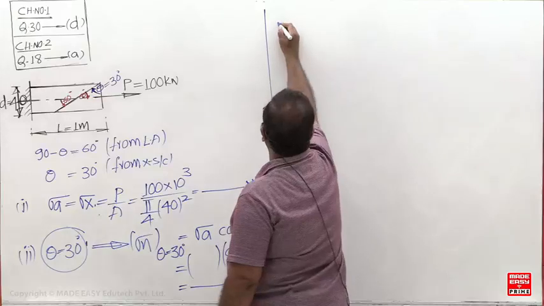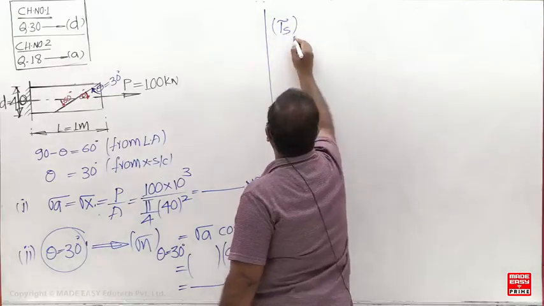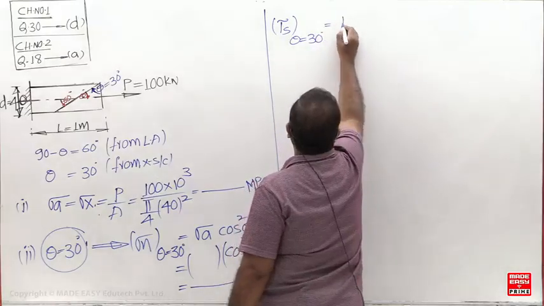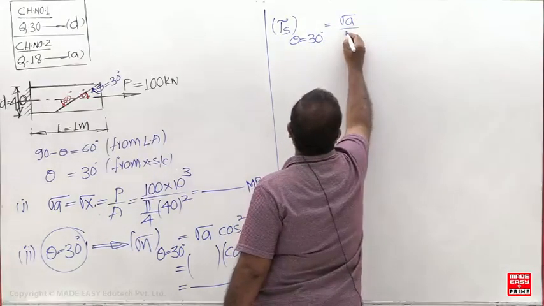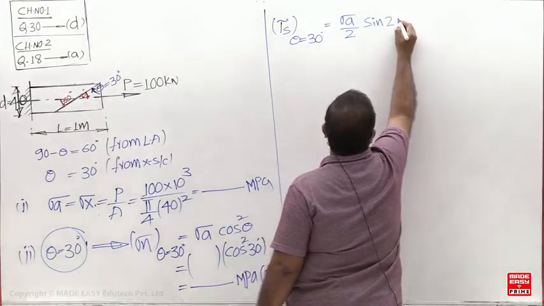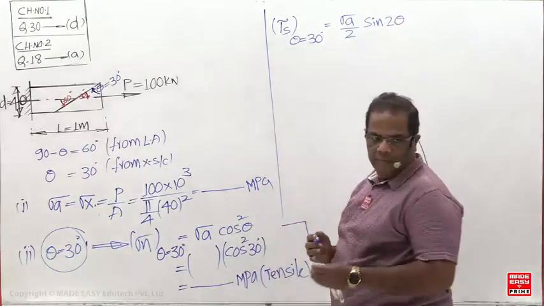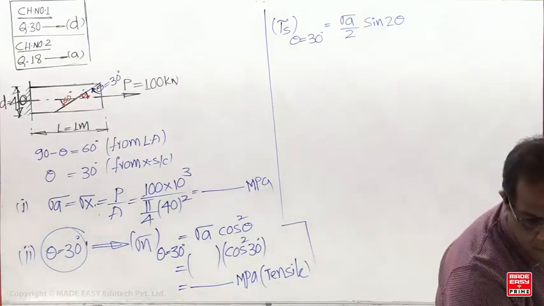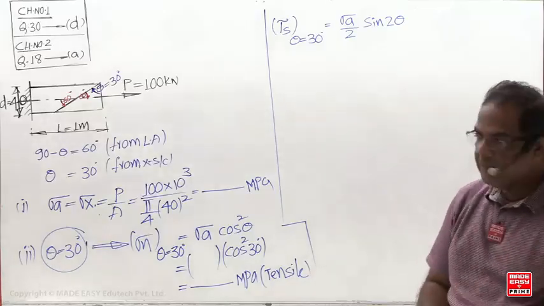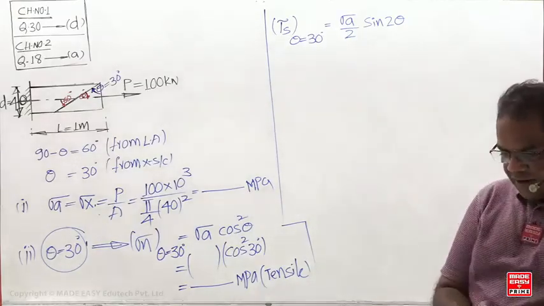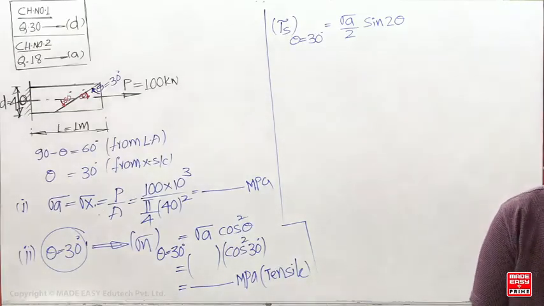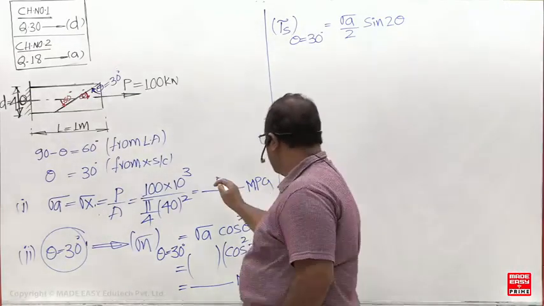And what about the shear stress now? Check it, your friend is getting axial stress 79.57.